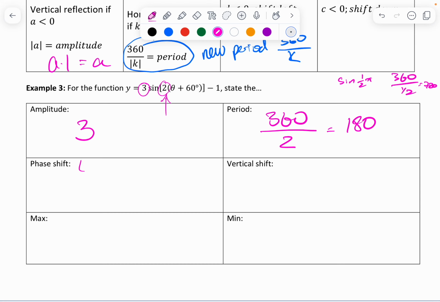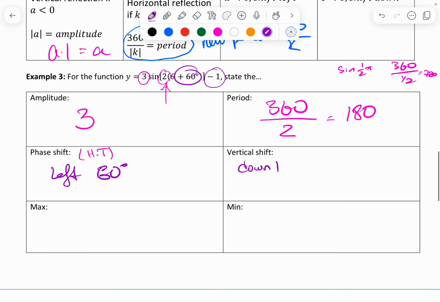Phase shift is just what we now call horizontal translation, and we can see here that it's left 60 degrees. Vertical shift, same as before, is down 1. For the maximum and minimum, remember my middle axis used to be at 0?